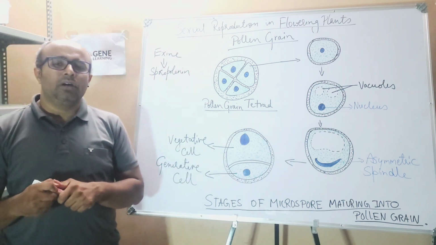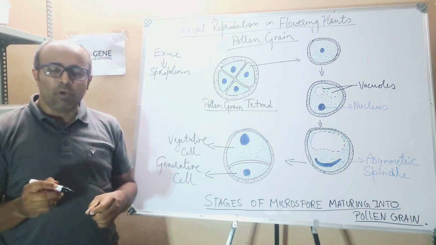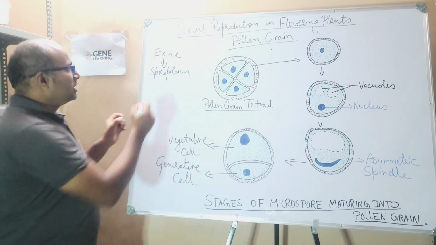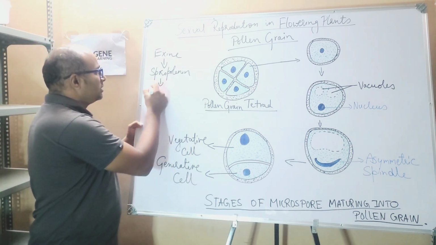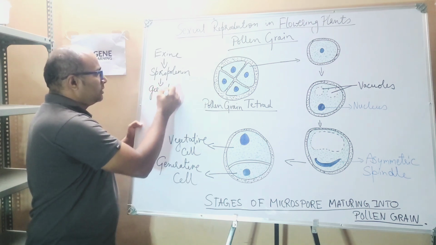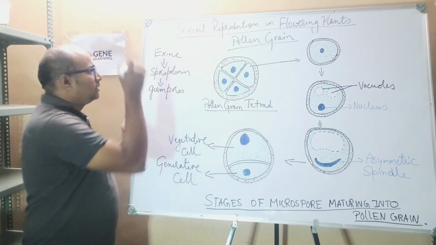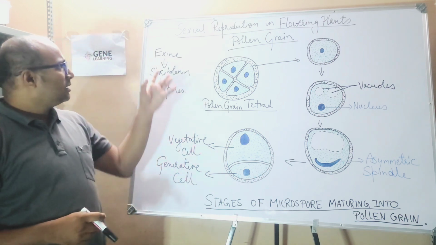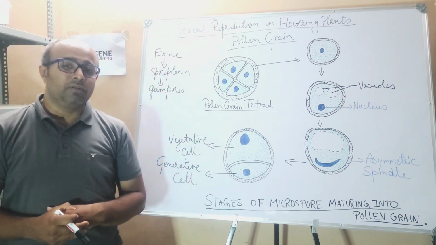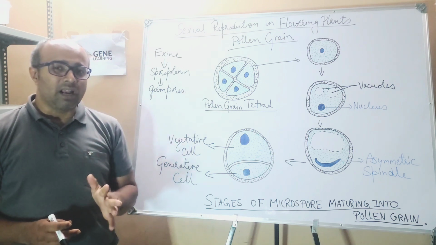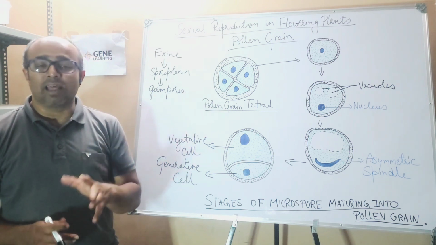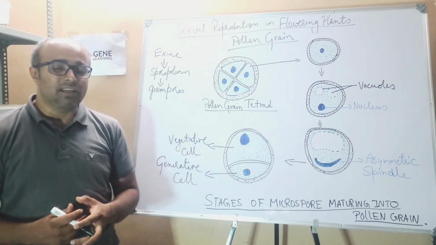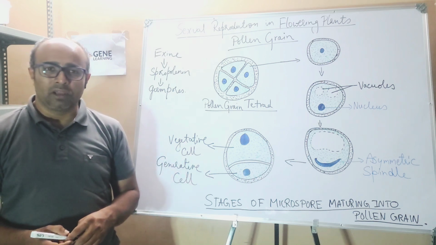This exine contains small pores called germ pores. Sporopollenin is known to withstand the harshest acids and alkalis, and that's the reason pollen grains can be fossilized as well.